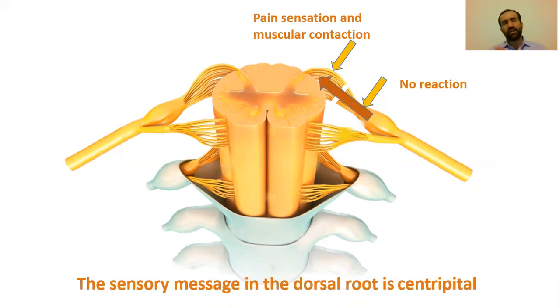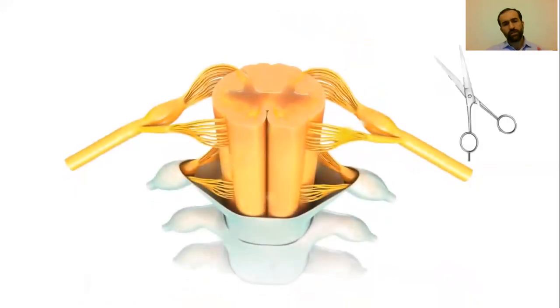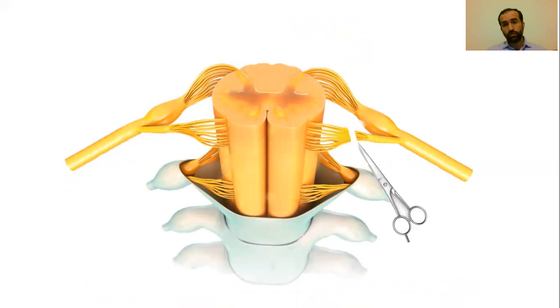Centripetal means it has this direction. Is it afferent or efferent? I want you to remember, it is afferent. Afferent means centripetal, or from the sensory receptor, in this case, to the center. It is directed to the center, not from the center to the outside. In another experiment, I cut the motor root, the ventral root, and repeat the experiment by stimulating the ventral root, and here I'm obtaining no reaction.